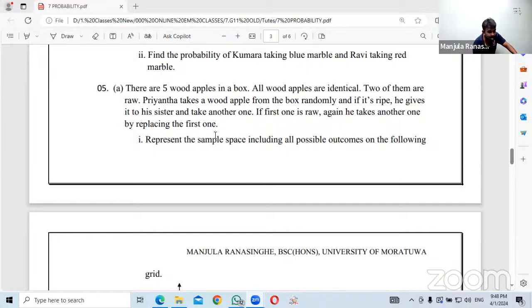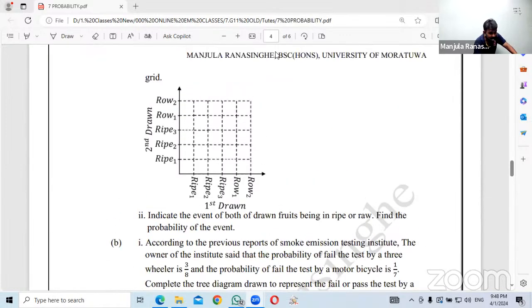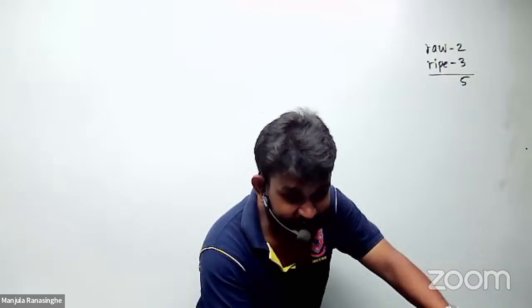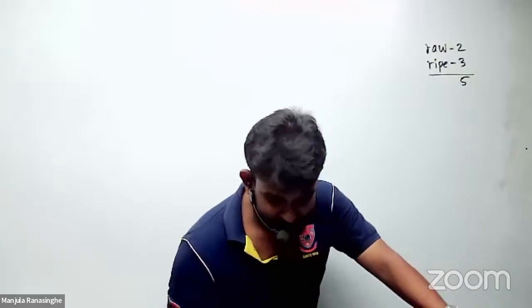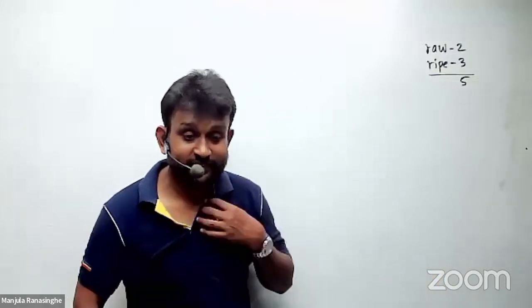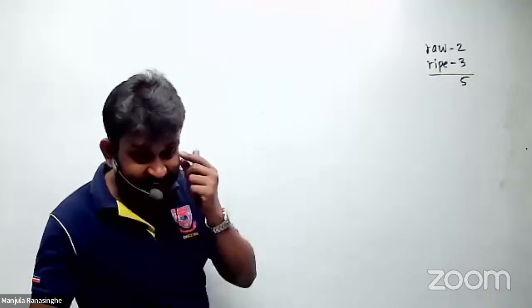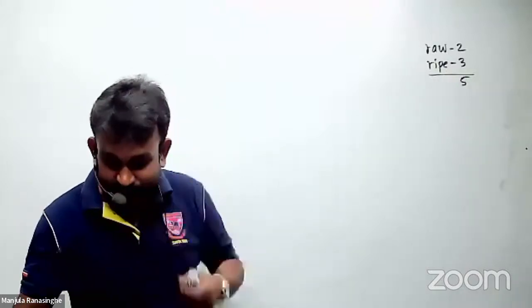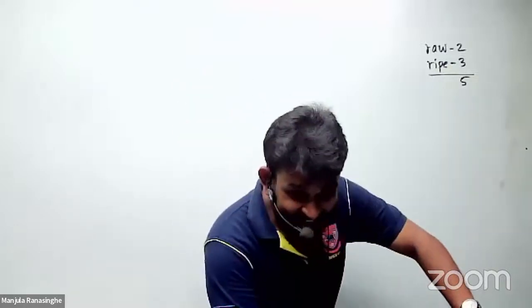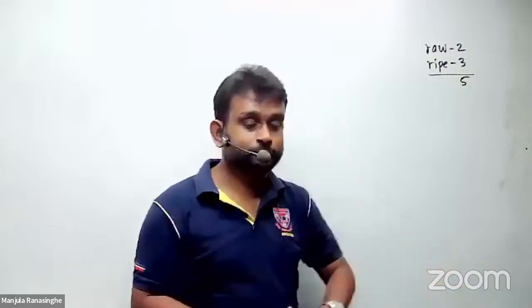Represent the sample space including all possible outcomes on the following. Right. Hands up those who did this question and got the answers. Who got the answer? Who did this? No one. Right. Look carefully at how this goes.